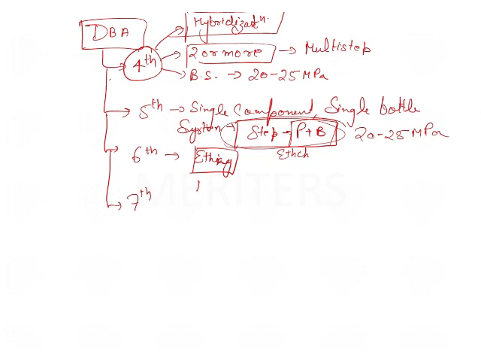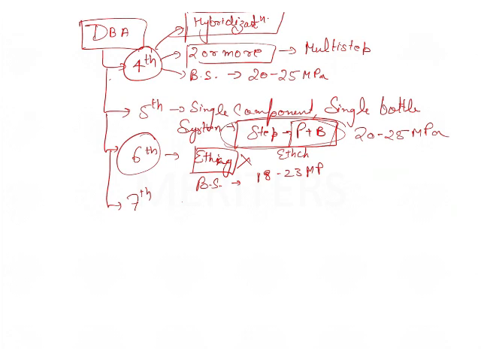The bond strength in the 6th generation is around 18 to 23 MPa. That is lesser than the 4th and 5th generation, and that becomes an important question for your exam also. Although the 6th generation is newer, its bond strength is still lesser than the 4th and 5th.